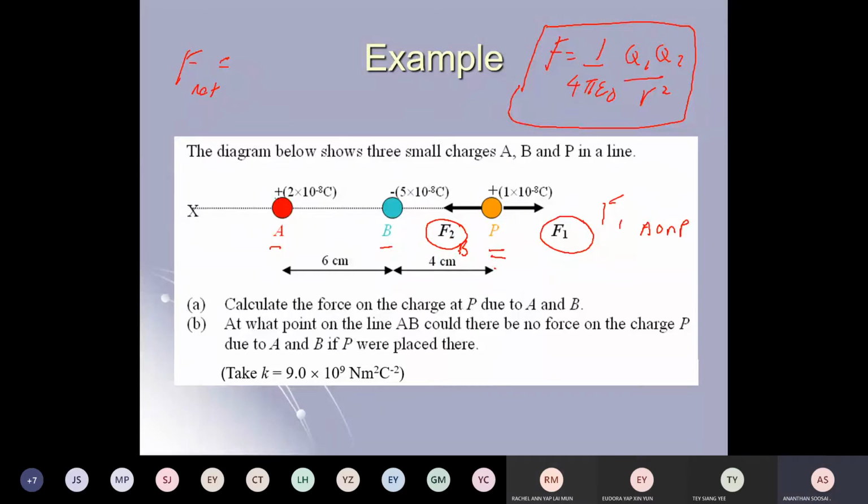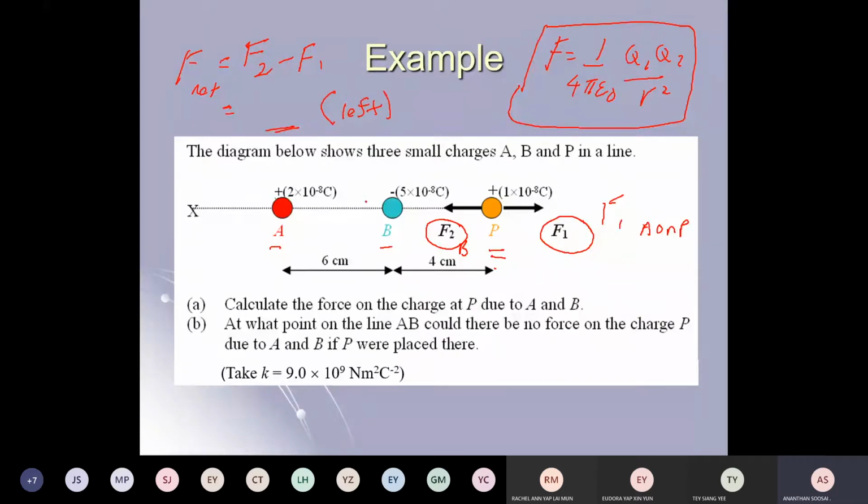F2 is going to be greater. Why? Closer and greater charge. So therefore, the net force should be F2 minus F1. After we get the answer, we say the net force is to the left.